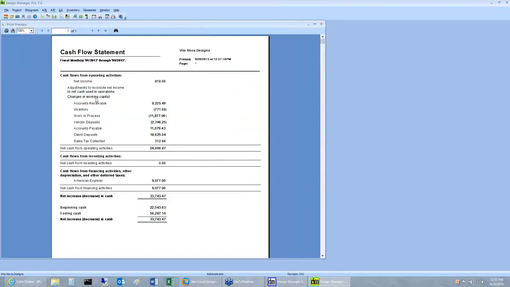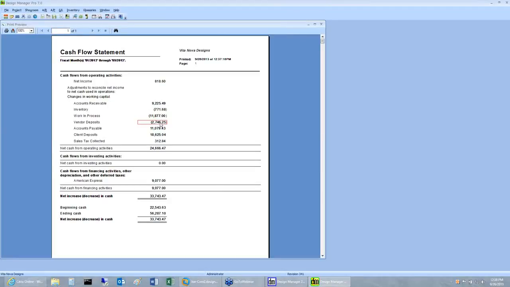So basically, it takes that income and adjusts it for your accounts receivable. The accounts receivable needs to be taken into account because that is not cash that you've got. So your inventory and your work in process, this reduces your cash because it's cash that you've already paid out.